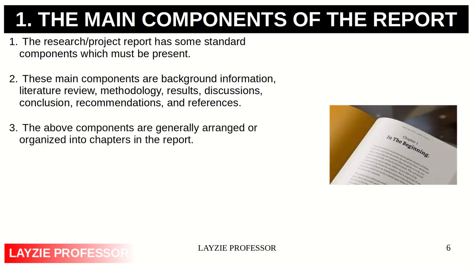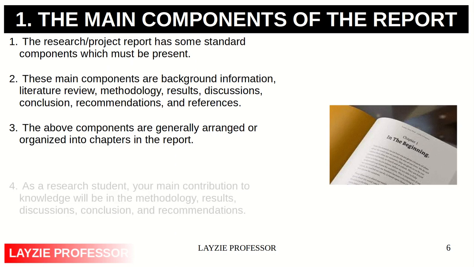And the above components that have to be in a report are usually organized into various chapters in the report. Typically, in most cases, you may have about 5 chapters. Sometimes you may have more, maybe 6, but it's usually around 5 chapters for the project reports.